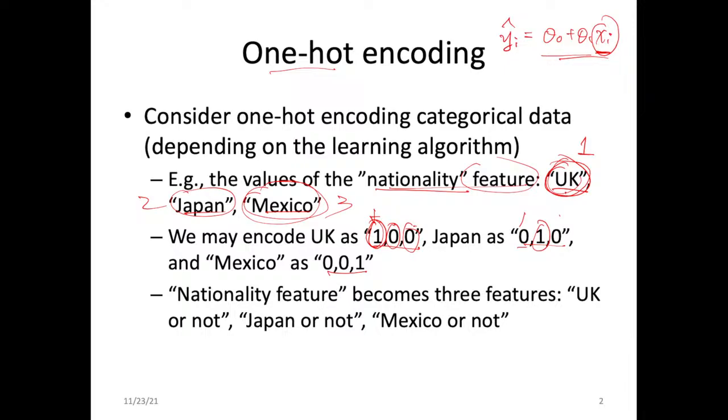And if you change the order of the encoding, let's say you encode UK as 2, Japan as 1, and Mexico as 3, then the distances between these values become different. You should not let the way you encode the features influence your result. So that's one disadvantage of just encoding them as 1, 2, 3.